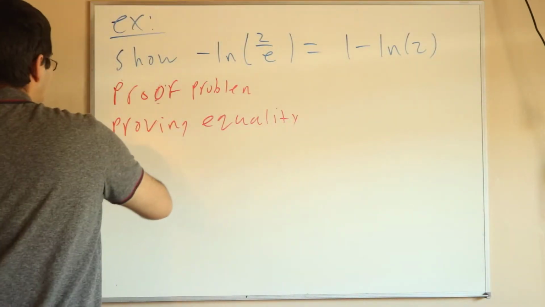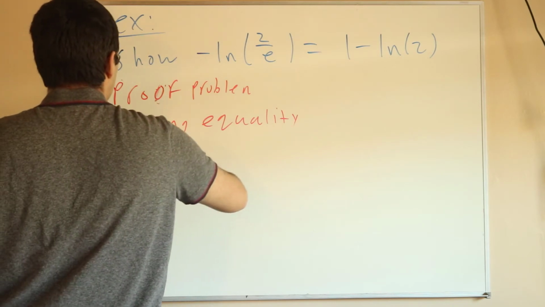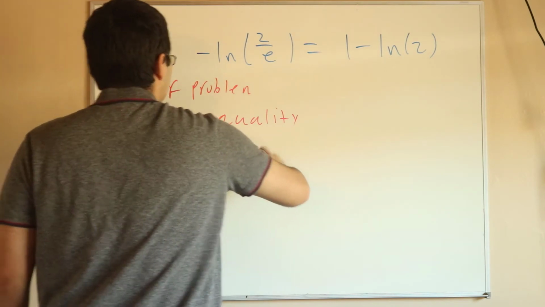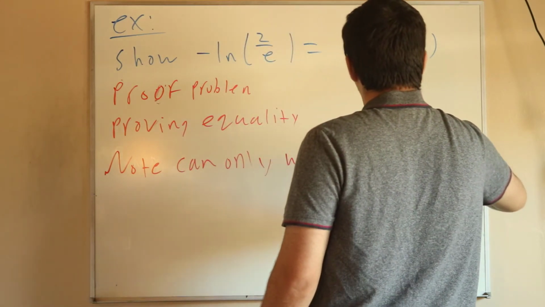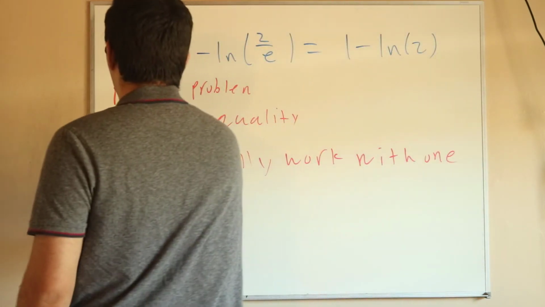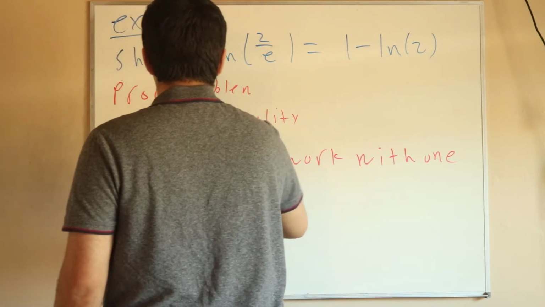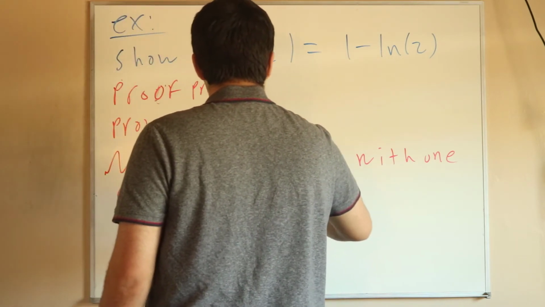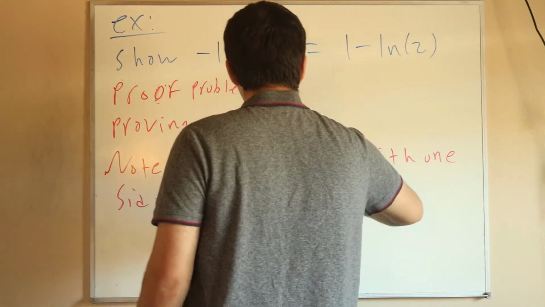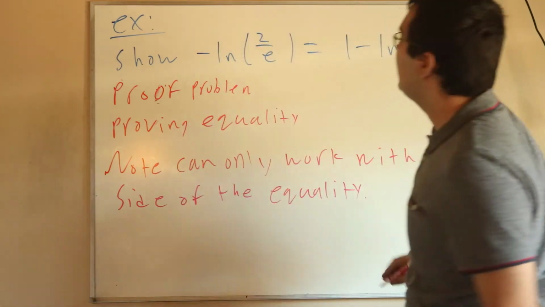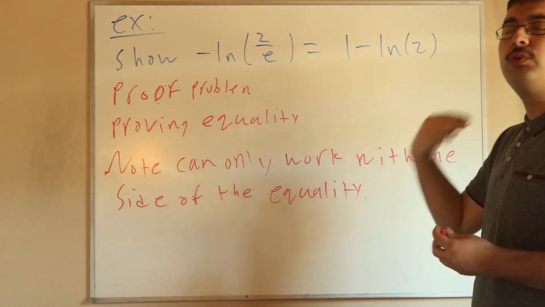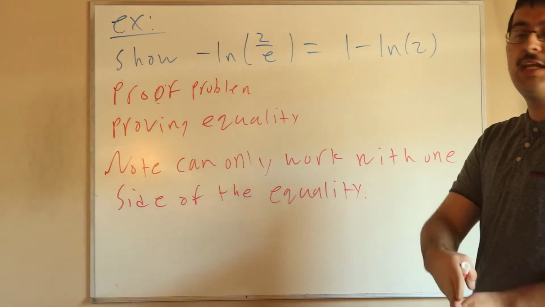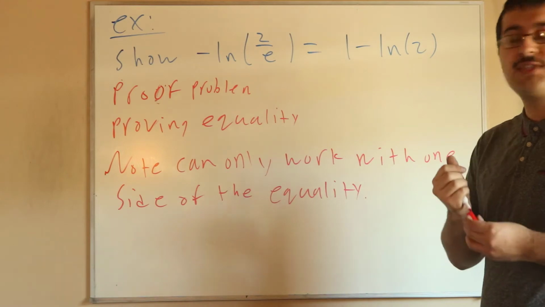So, note: you can only work with one side of the equality. Okay, so just a quick thing to note when you're doing these proof equality type problems is you can only work with one side. Show that one side can be transformed into the other side.